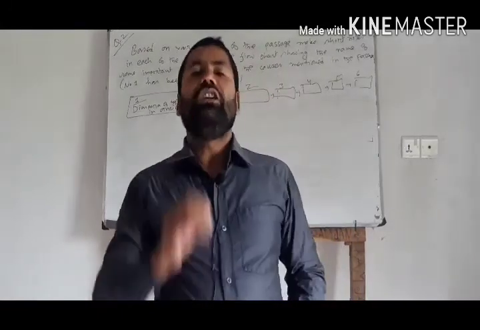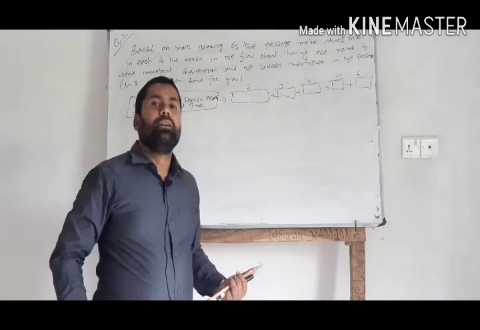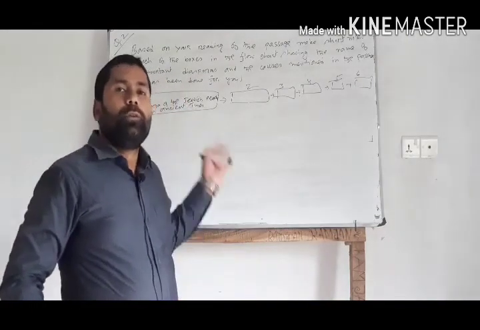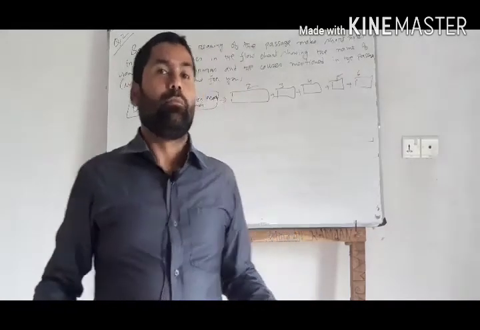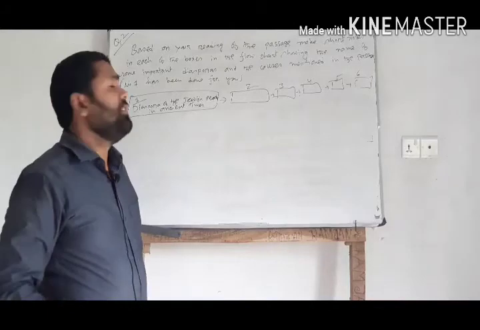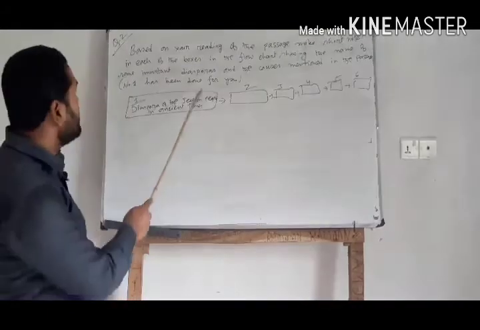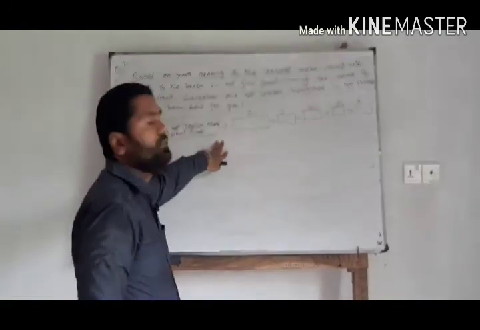Dear students, if you want to answer this question accurately, you have to go through the passage with meaning properly. Then, before answering, look at the question. Here are 6 boxes in the flowchart.